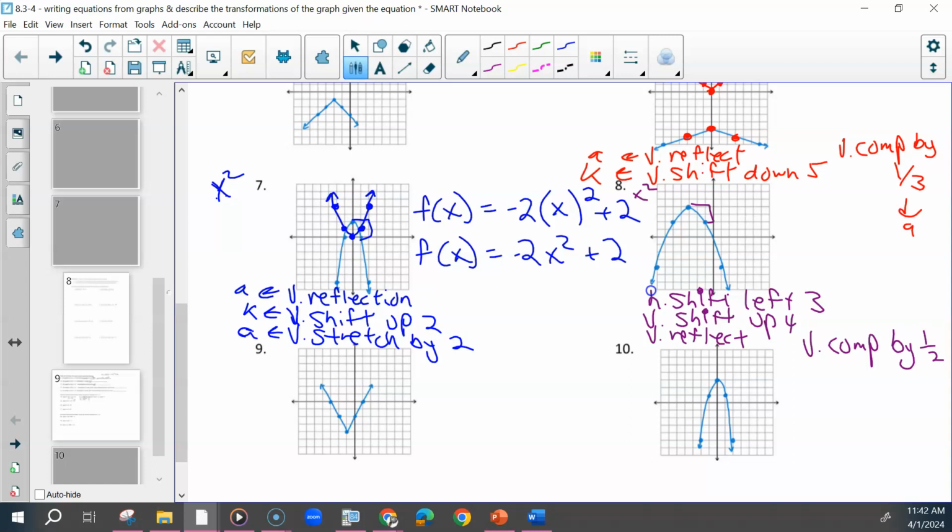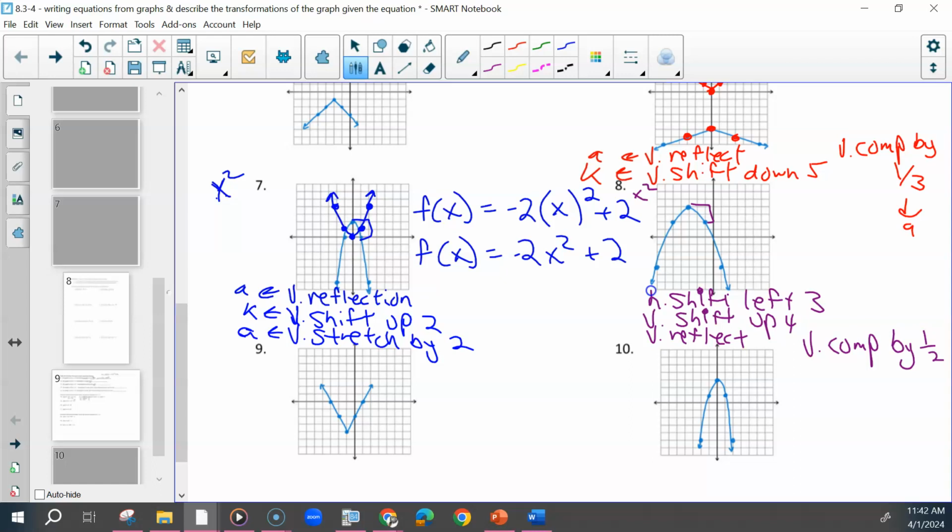If the distance is now times 2, from here it was up 1 and then up 3, and then when we multiplied it by 2, it was down 2 and then down 6. So that 3 distance multiplied by 2 became 6. Same thing should happen here. That distance is now 6. So that could help you figure out that number.